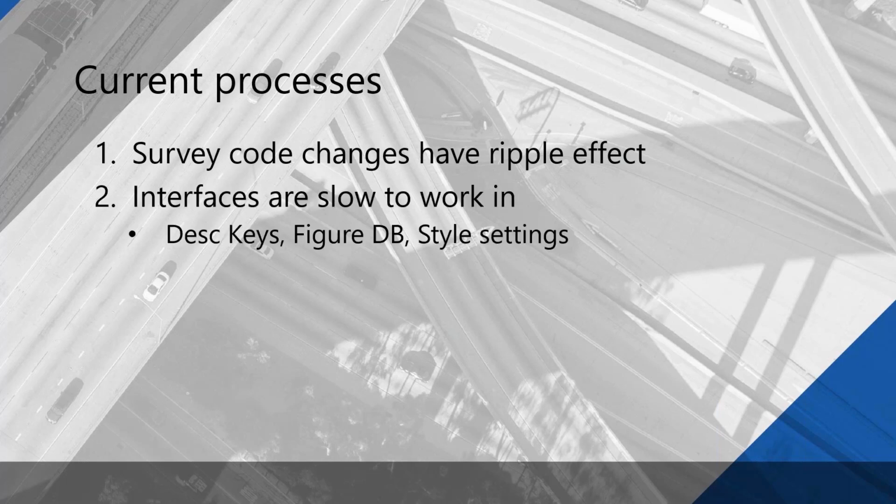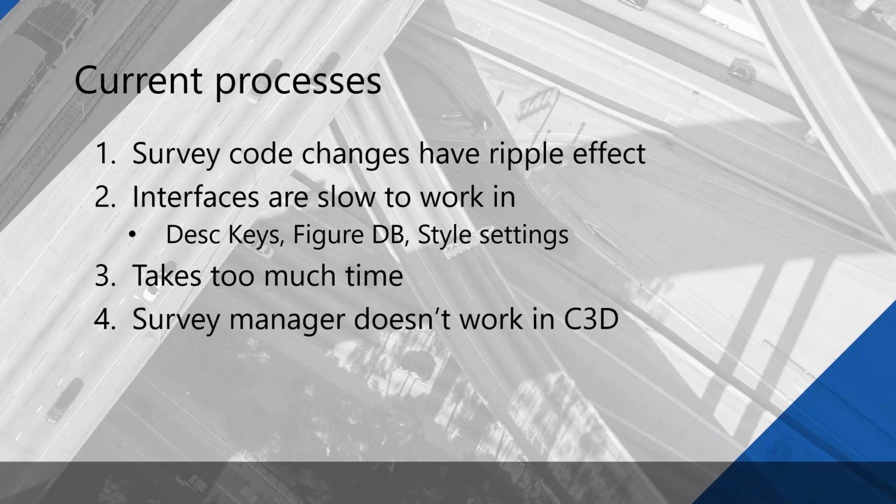The interfaces to make those changes, or to build perhaps a new survey template, are often quite slow to work in: the description key set, the figure prefix database, style settings, of course, as well. It ends up taking too much time, and the result is typically you don't find time to do it, and the templates are subpar.